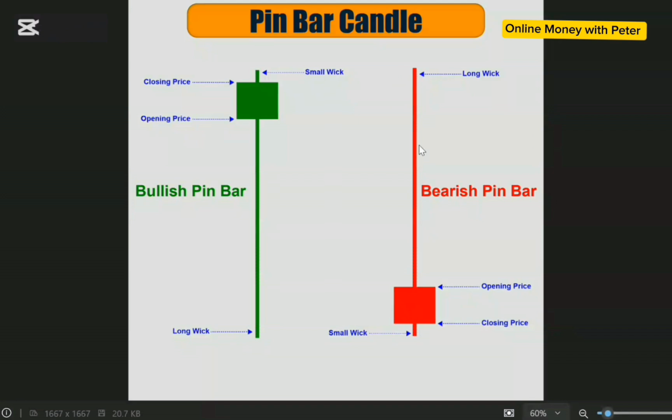You also use other indicators to confirm your trading decision. There is no candlestick pattern that is isolated from other indicators.